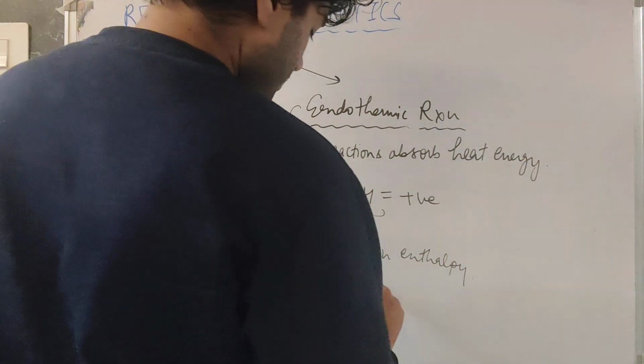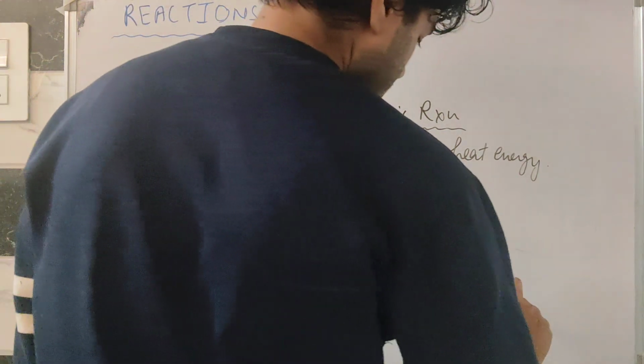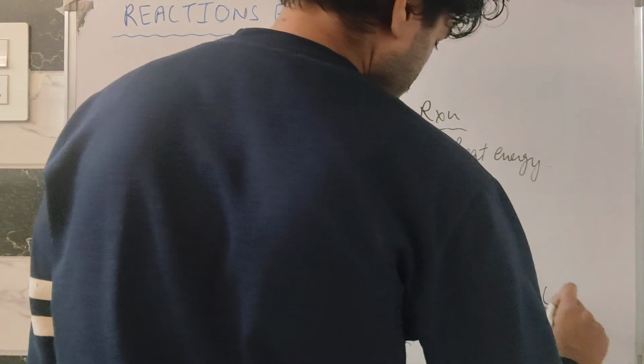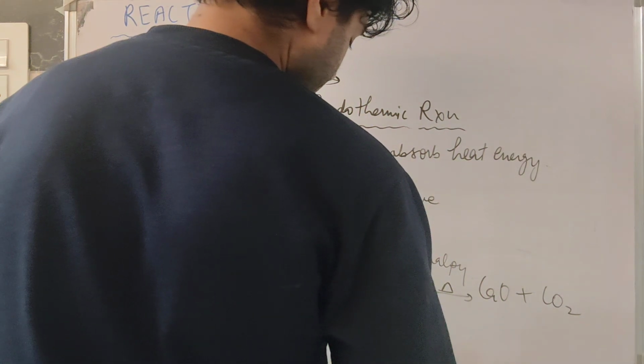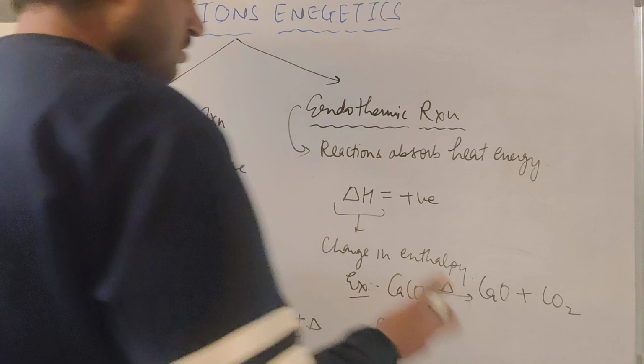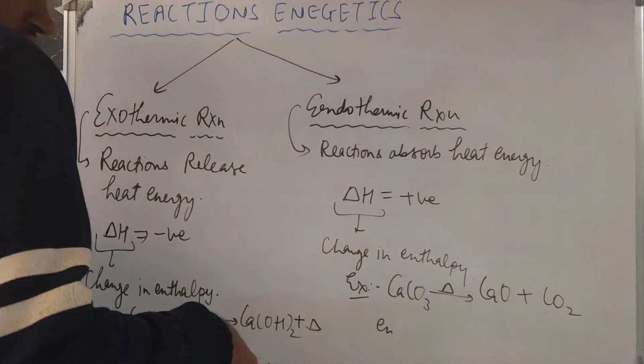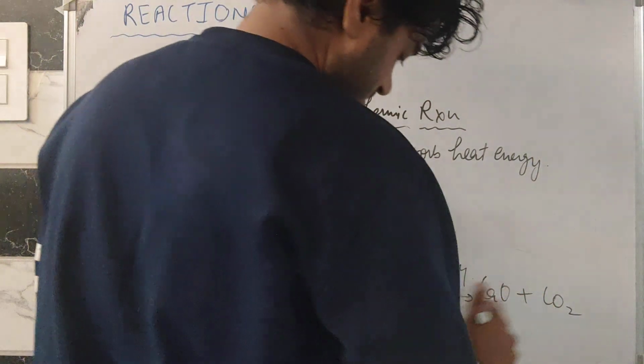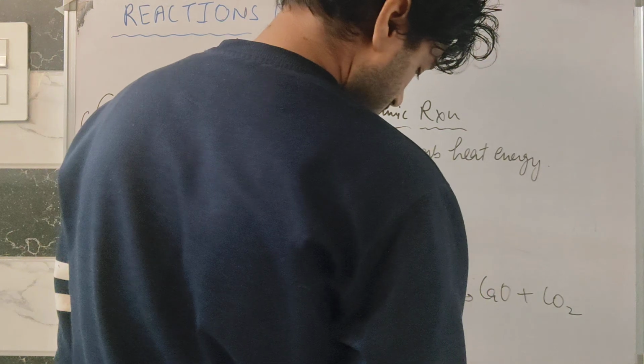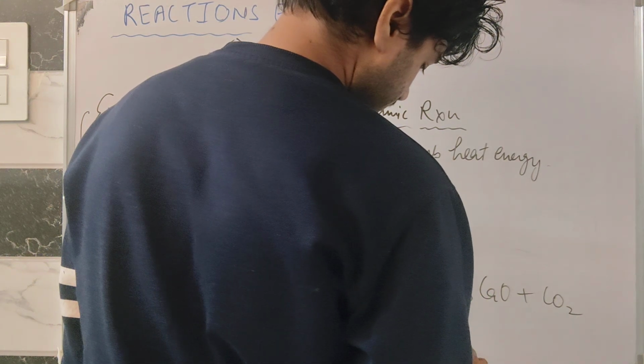And this is another example: the breaking down of limestone in the presence of heat. CaO plus CO2 is obtained as the product, and that is endothermic. Here energy is absorbed and used to break down the reactant. So it is an endothermic reaction.